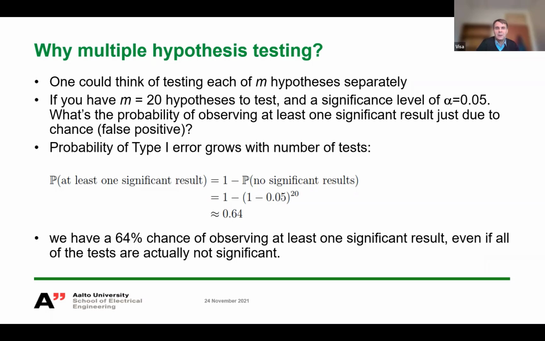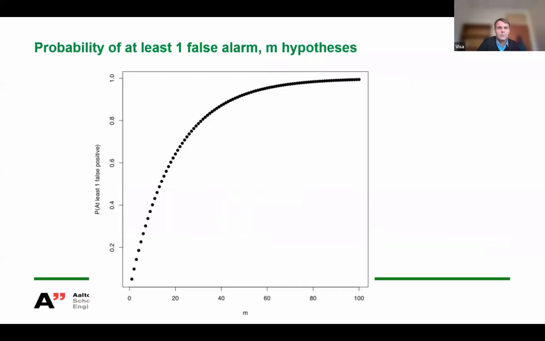So a very high probability, even though each individual test would be non-significant. That serves as a justification that if you really want to control these false positives using multiple binary hypothesis tests, it may not be the right way to do it.